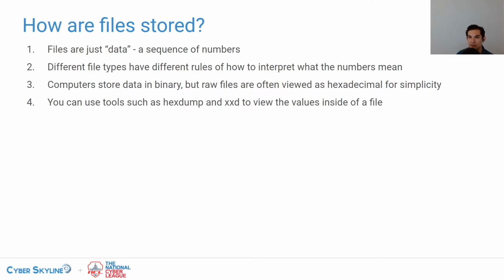You can use tools such as hexdump and xxd to view the values inside of a file. We're actually going to see that today. As a summary, there's a physical device that is storing your data. That physical device has a way, whether through magnetism or some other mechanism, to store a 0 or 1 value, an on or off value.